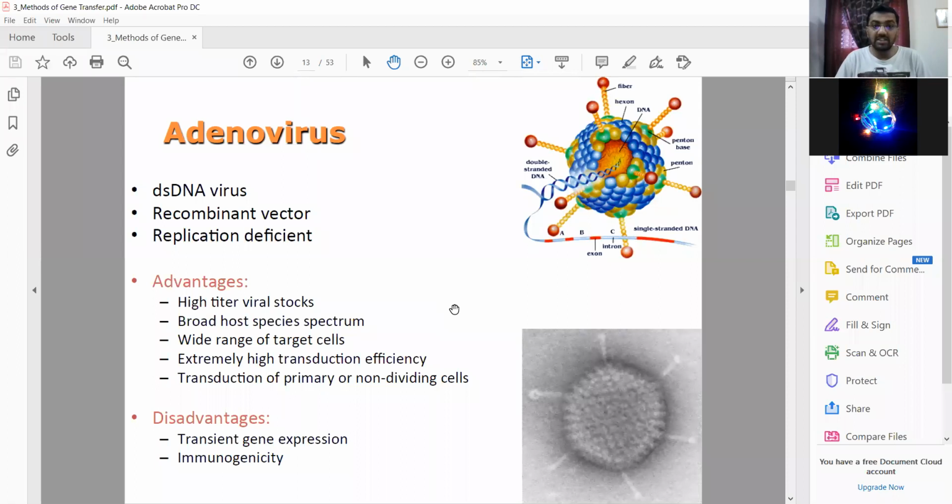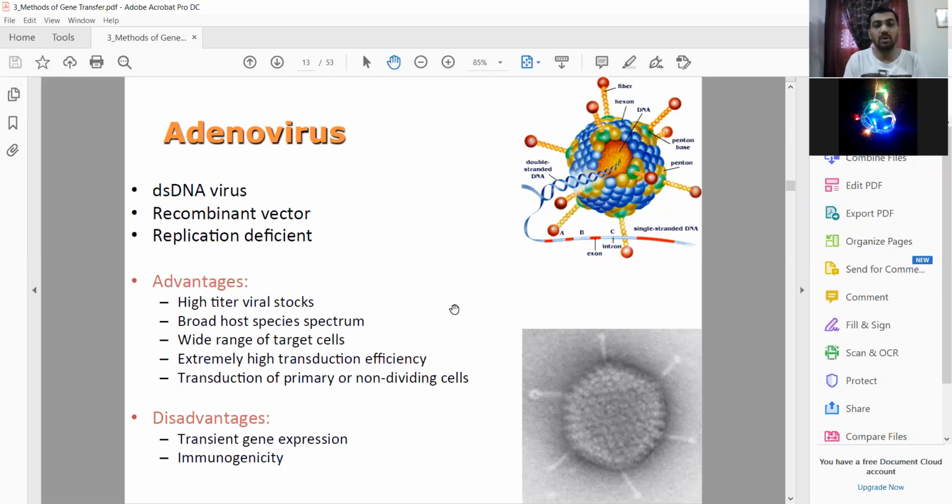The other advantage is they have a high transduction efficiency. They could transduce a lot more transgene into the cells. Lastly, they could transduce primary and non-dividing cells, meaning even cells which are not dividing could be transduced via these adenoviruses.